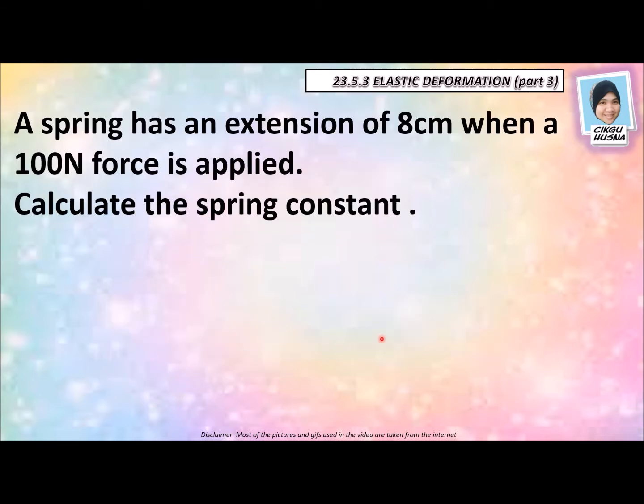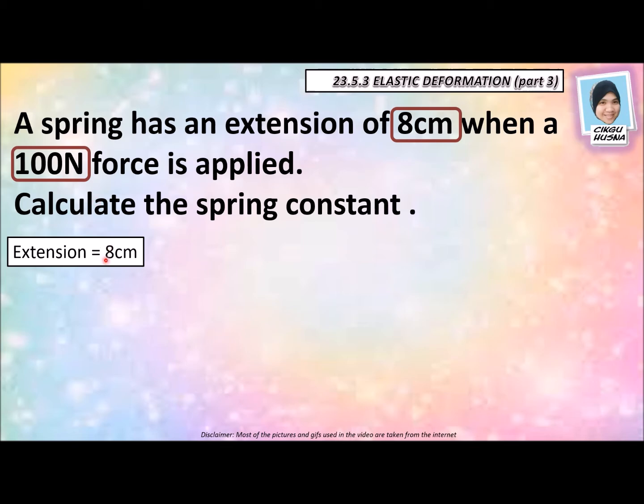Here is an example to calculate the spring constant. A spring has an extension of 8 cm when a 100 Newton force is applied. Calculate the spring constant. We look at the numbers given. We got 8 cm, that is the extension, and we have 100 Newton, that is the force.